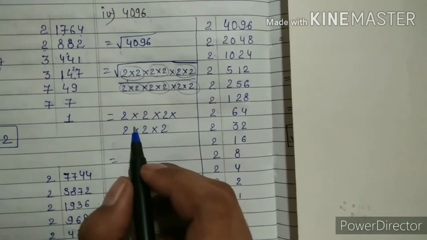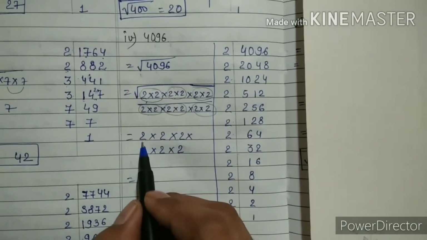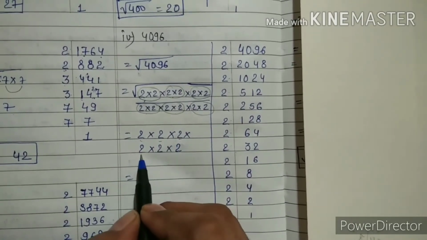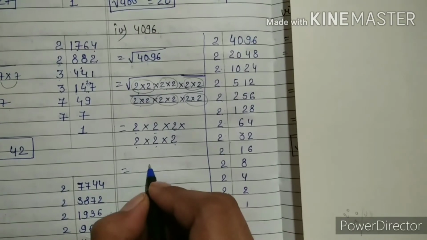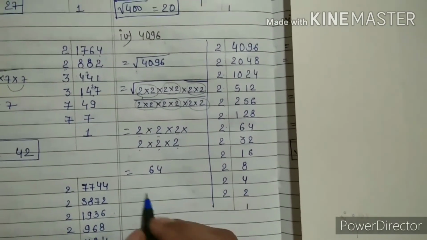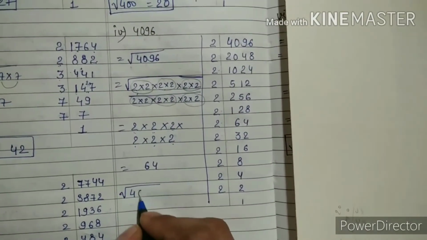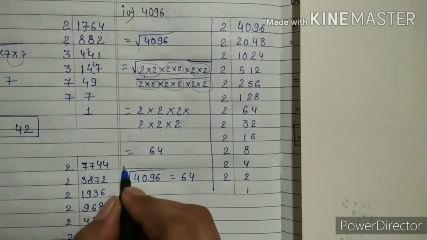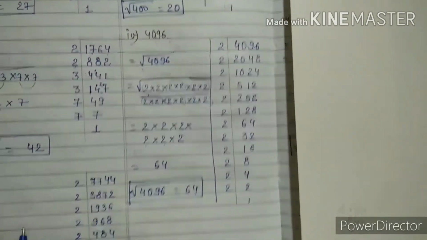Now we will do the multiplication of them. 2 2s are 4, 4 2s are 8, 8 2s are 16, 16 2s are 32, 32 2s are 64. It means their answer is 64. So the square root of 4096 is 64. This is the solution of the fourth one.